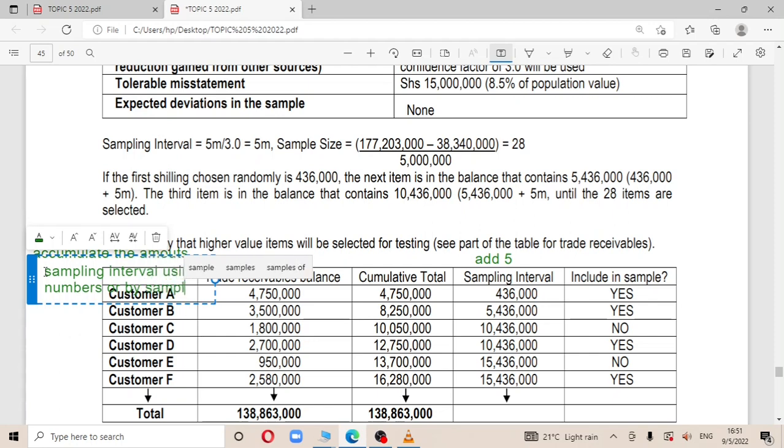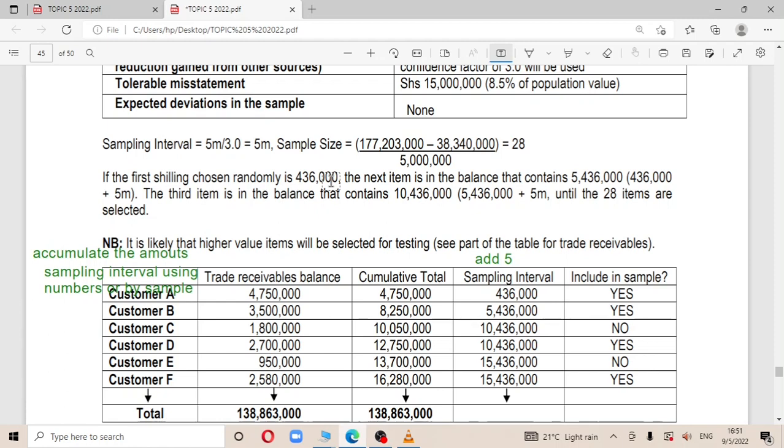So when you add, for example, the first amount here, if we start with the 4.36, now where do you get the 4.36? That one can be selected randomly as the first shilling. You see here? You can select it randomly, the 4.36, the amount to start with.